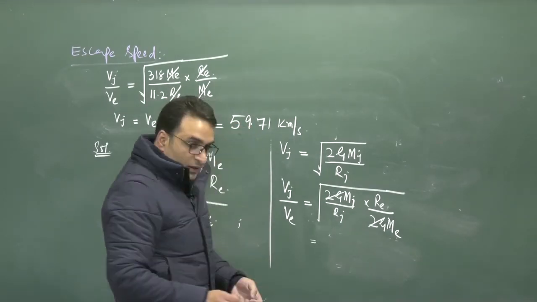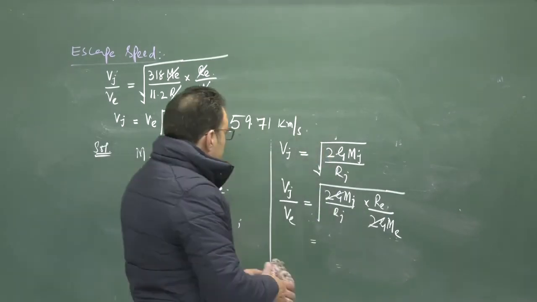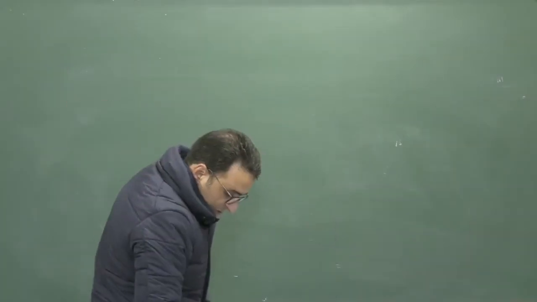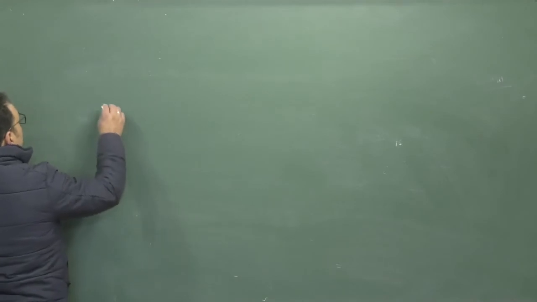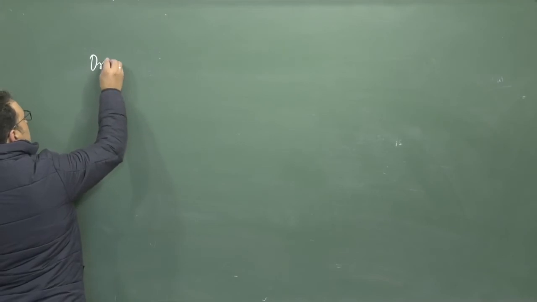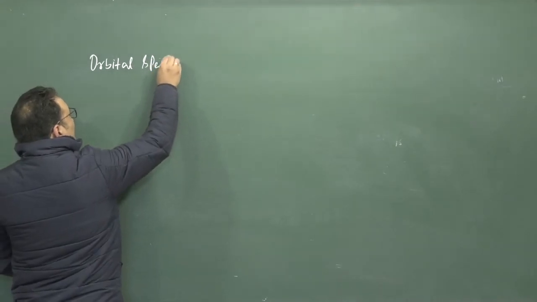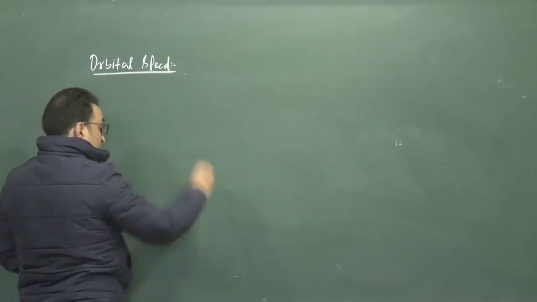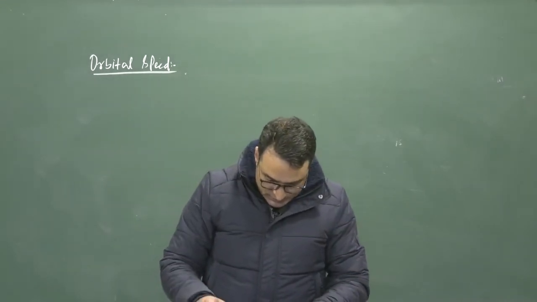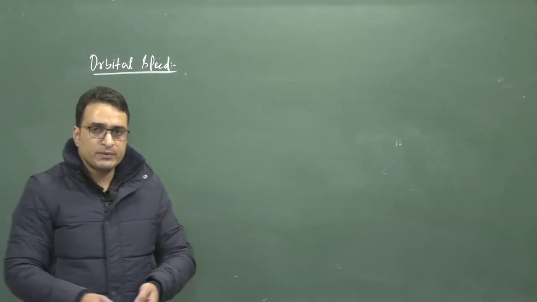Now this is all about the escape speed. Now let me take another topic, very simple, orbital speed. Now, you know that the satellite is an object which is revolving around the planet.